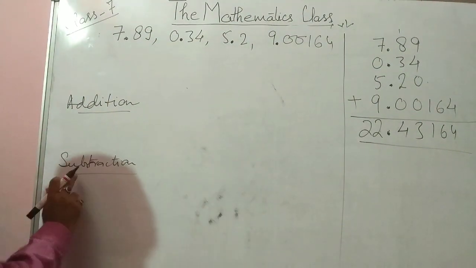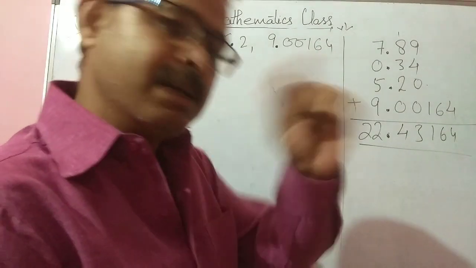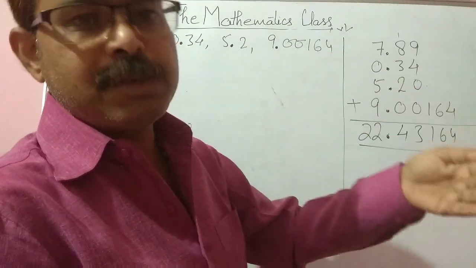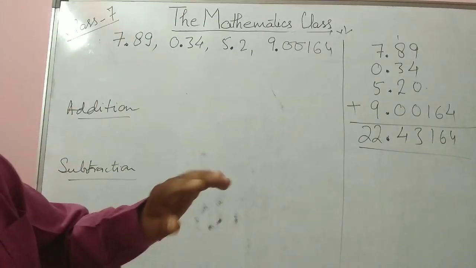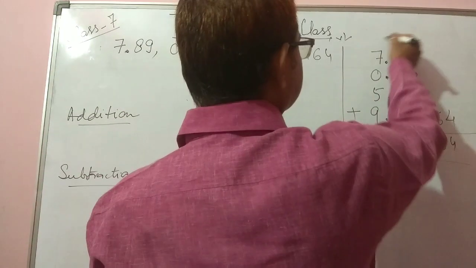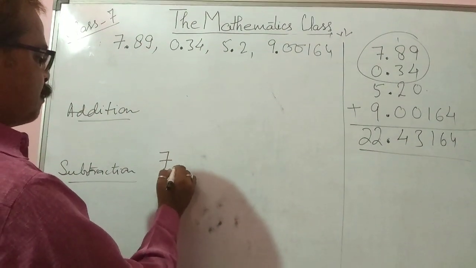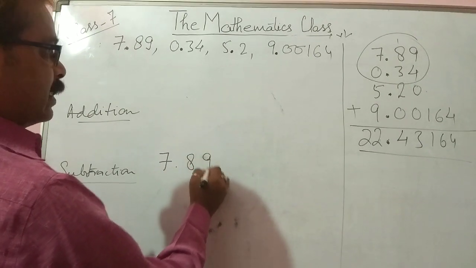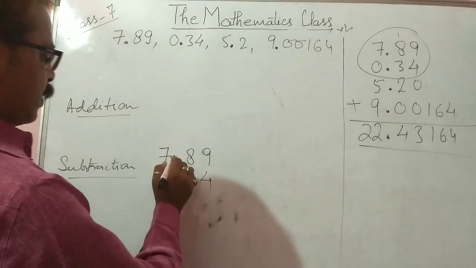Now let's talk about subtraction. In subtraction also we need to keep the same thing in mind, that the decimal should come under the decimal of the previous one. Suppose you have to subtract these 2 numbers. I am writing 7.89 minus 0.34.